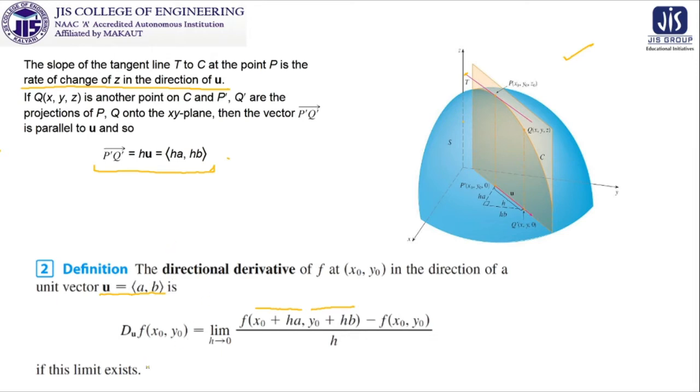If this limit exists, then we call it the directional derivative of f in the direction of the unit vector u. So now our turn is to discuss some problems on this. We are starting from a very simple problem.